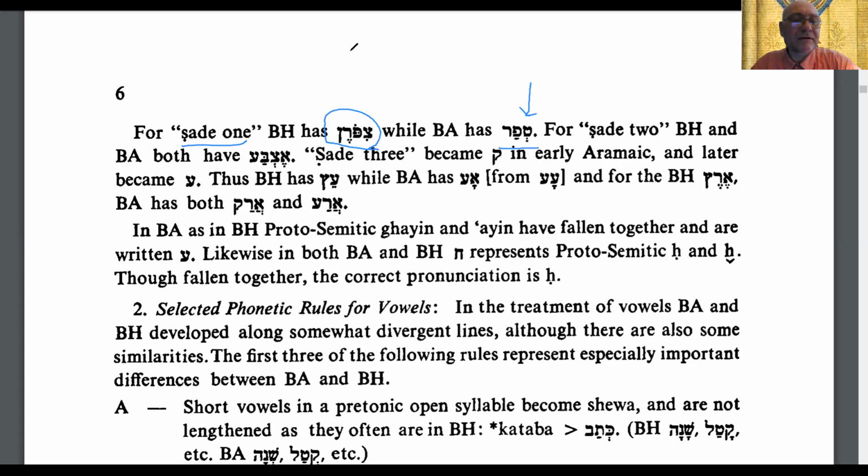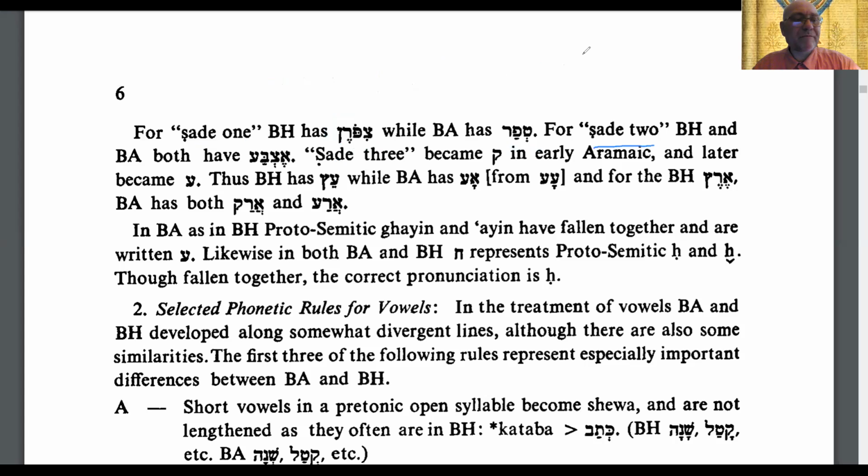So we've got Tziporin, T-S-P-O-R-E, and that's a nun sofit there on the end. And Biblical Aramaic has Tefar, T-E-F-A-R, I guess. Okay, so there's some differences there.